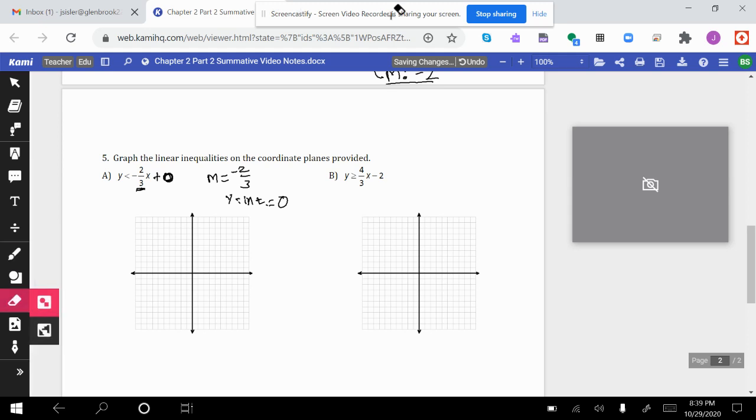Okay. So with that knowledge, I'm just going to plot my first point right here on our origin, and I'm just going to walk my slope, right?